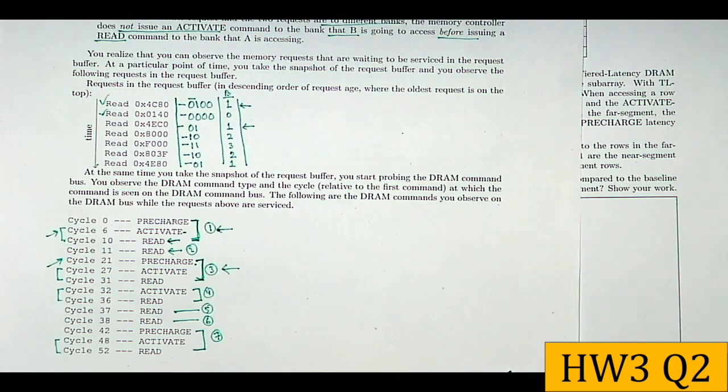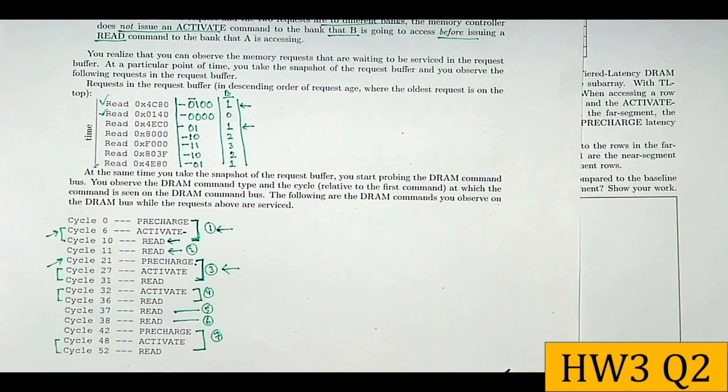If you have accesses to the same bank, the access to a different bank should not hamper the access sequence on this bank, right?